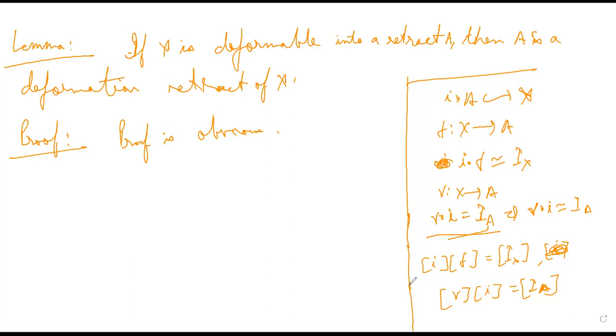But we have seen that if you have a morphism which has a right inverse as well as a left inverse, then the left and right inverses are equal.